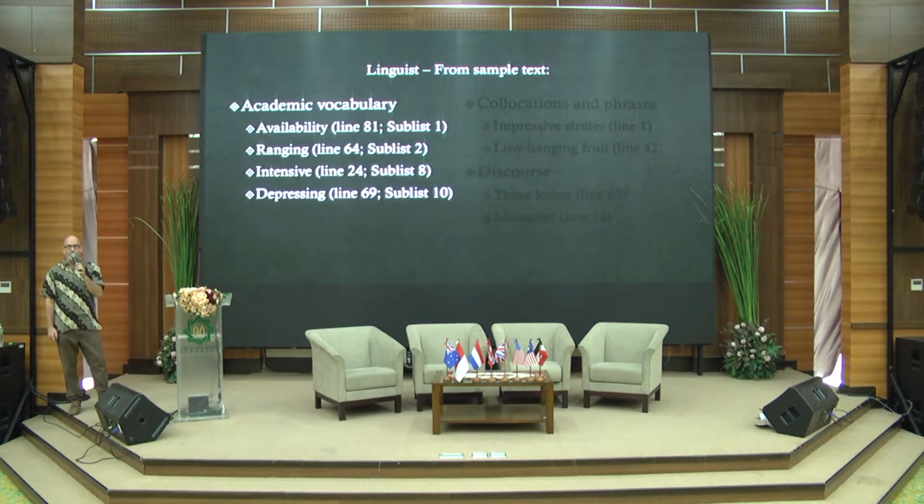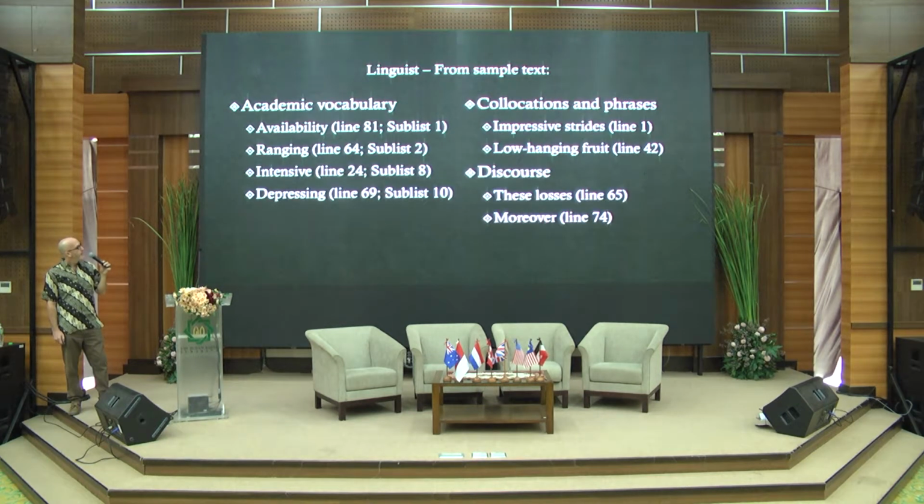Then we have some academic vocabulary from the academic word lists. It gives you the line number there and a sub-list of the academic word list. And then there are a few collocations and phrases and some linking words as well. So it's the linguist's job to find these words and define them for the other members of the group.